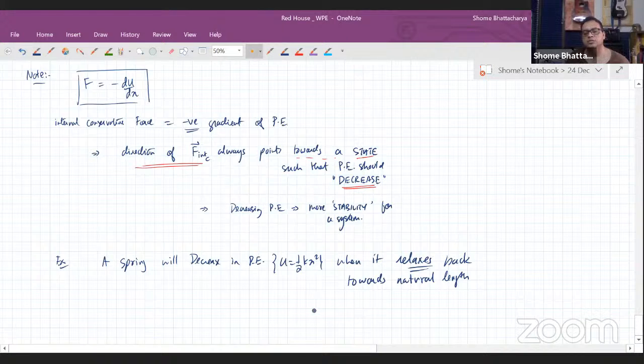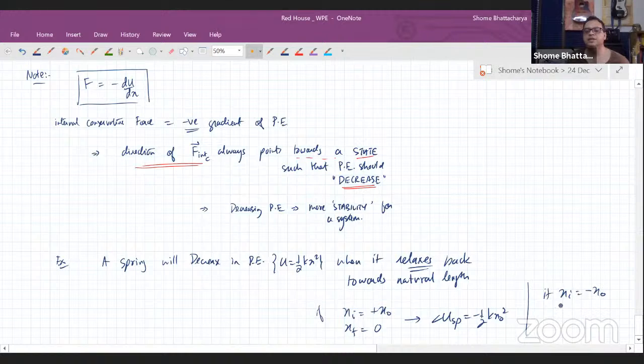So if initial x is plus x naught, but final x is 0, the change in potential energy of the spring will be minus half kx naught square. So it's decreasing in potential energy as it's relaxing. If initial x is minus x naught, it's compressed, but final is back to natural position, then again the change in potential energy of the spring is minus half kx naught square. So every time the spring goes from a state of stress or deformity to natural length, it is stabilizing.